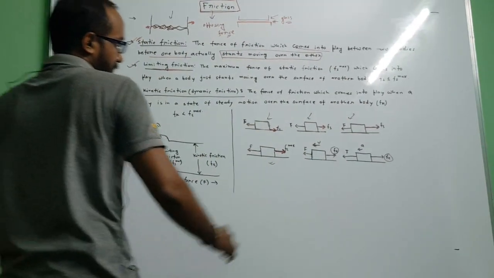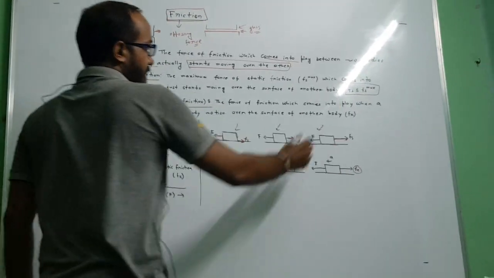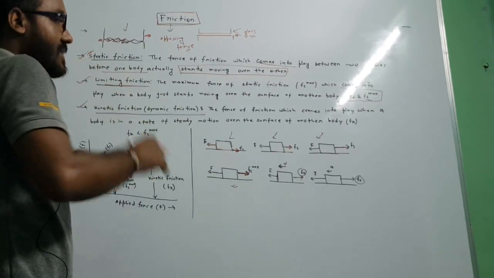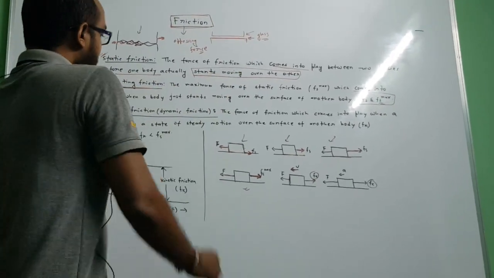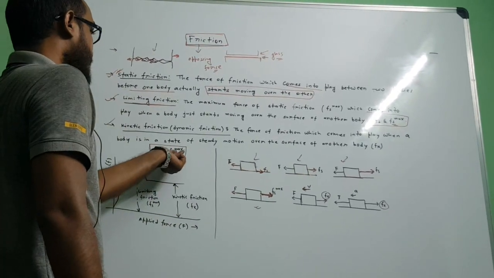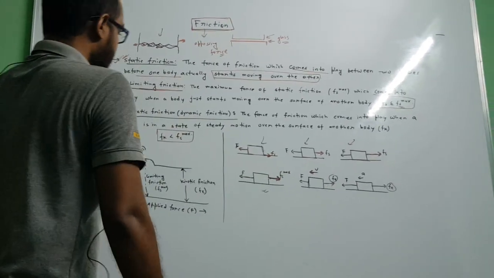And remember one thing: static friction Fs is less than or equal to the maximum static friction, that is the limiting friction, and kinetic friction Fk is strictly less than the limiting friction.